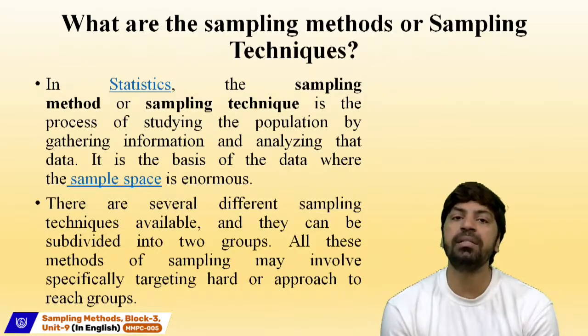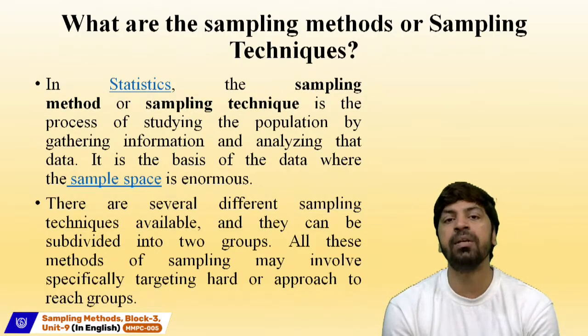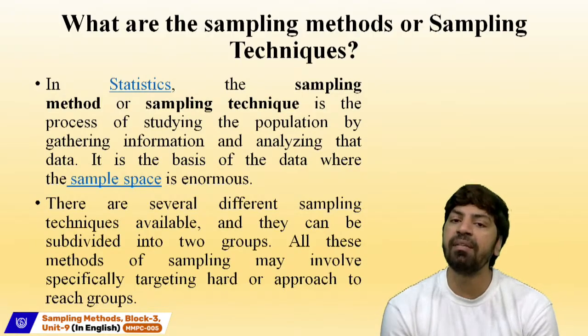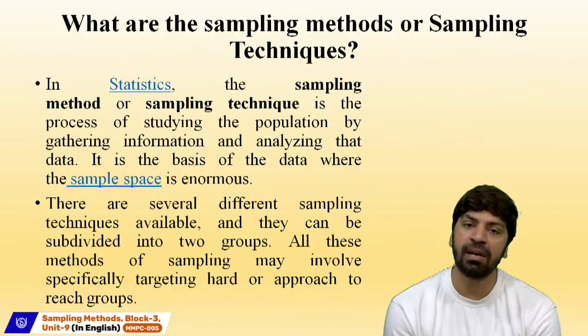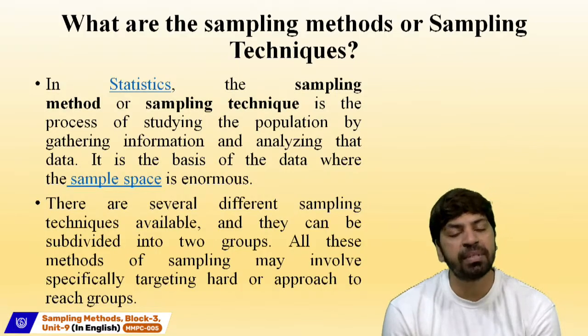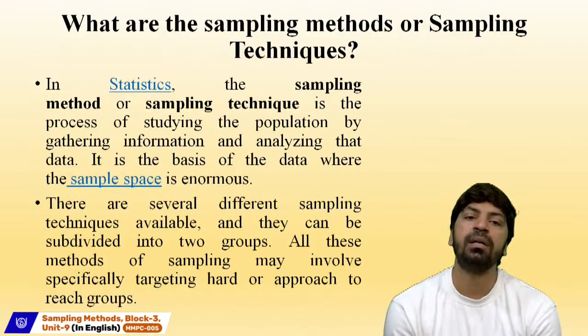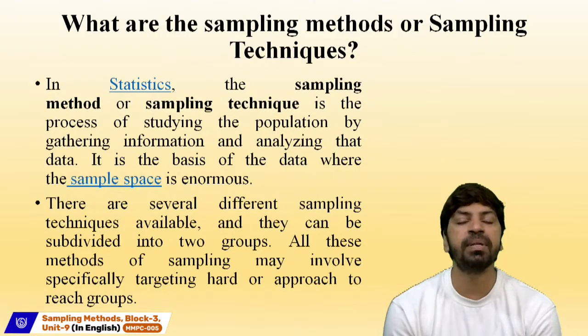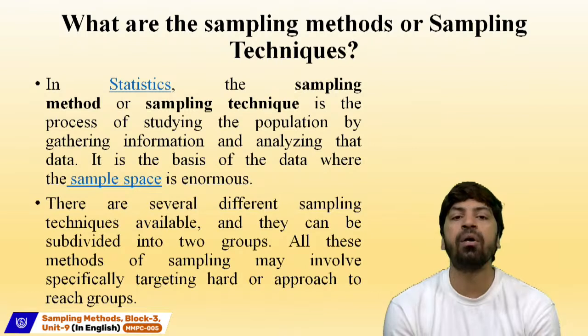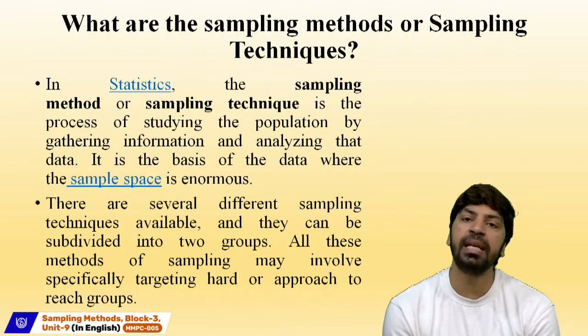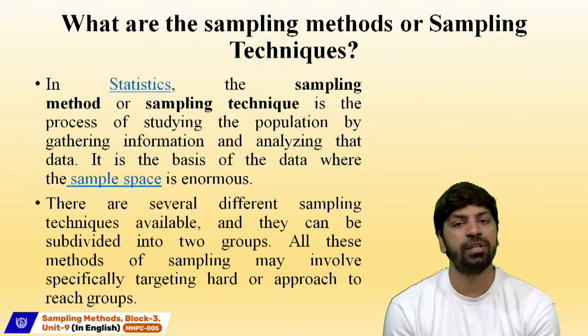It is the basis of the data where the sample space is enormous. There are several different sampling techniques available, and they can be subdivided into two groups, and all these sampling methods may involve a specific targeted approach to reach the selected groups of individuals.